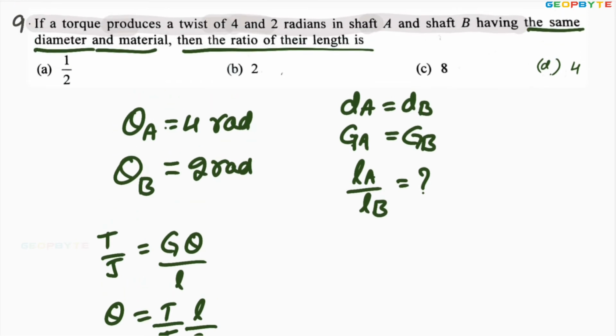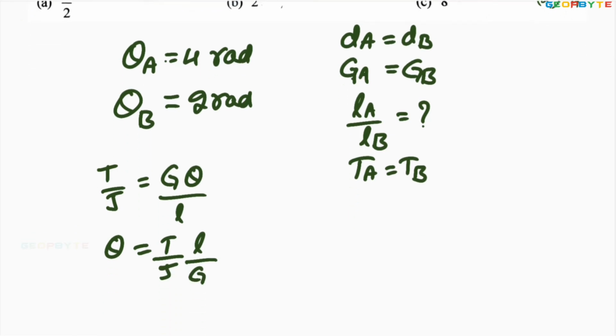If a torque produces the twists, it means indirectly TA equal to TB. That means T remains constant, and J remains constant because J is a function of diameter. Diameters are equal, so polar moment of inertia J remains constant.